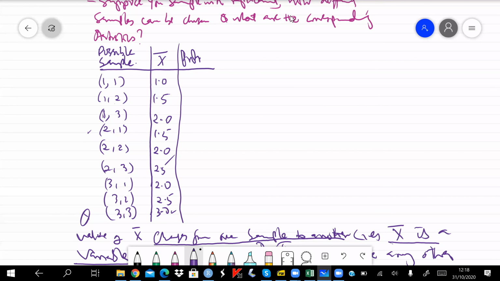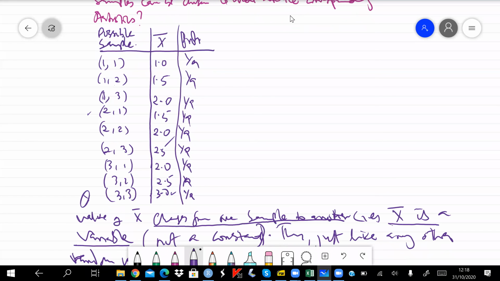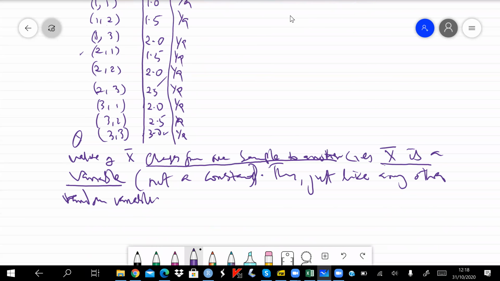So each of the samples has this probability of being chosen, 1/9. That qualifies it to be a random sample. So just like any other random variable, X bar must have a probability distribution.